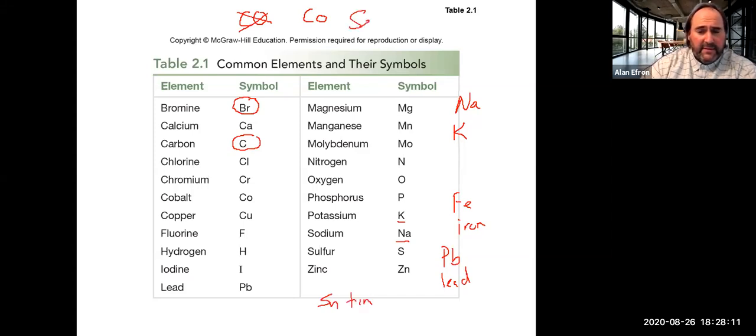Se, my favorite, is selenium. So there's a lot of symbols, and sometimes we may not be familiar with those, but we do need to get some familiarity with them. Ag is silver. Au is gold. Hg is mercury.